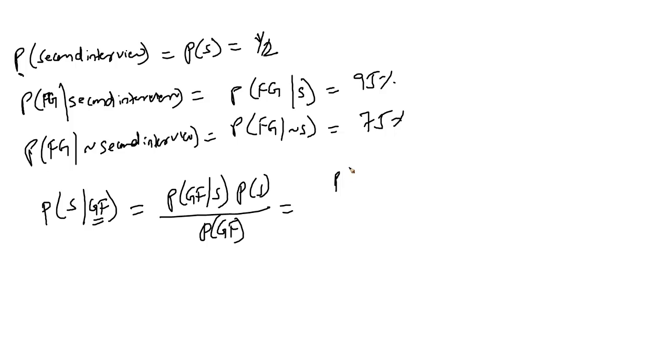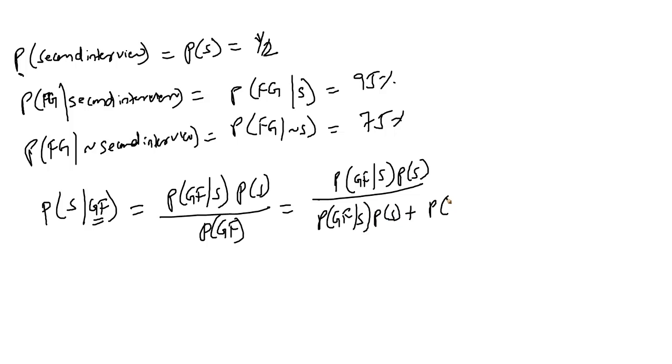So we can expand this one and write it as probability of feeling good given S times probability of S, divided by probability of feeling good given S times probability of S plus probability of feeling good given not S times probability of not S, right?